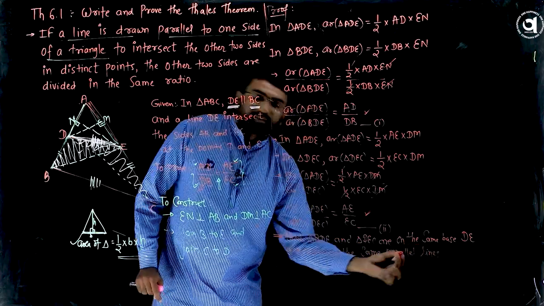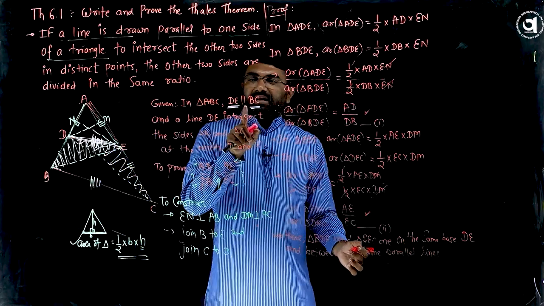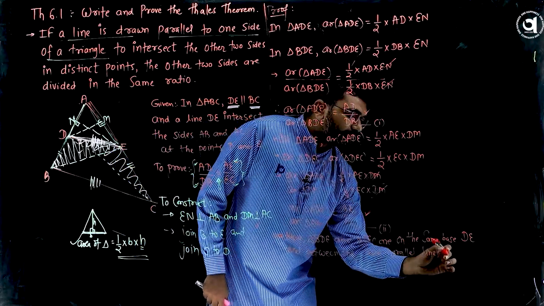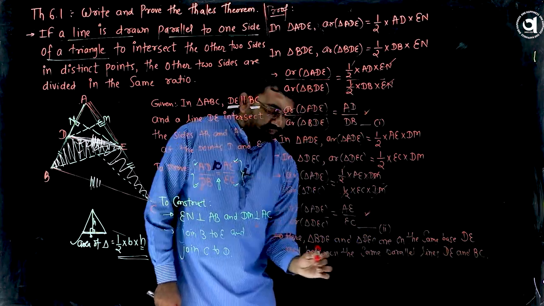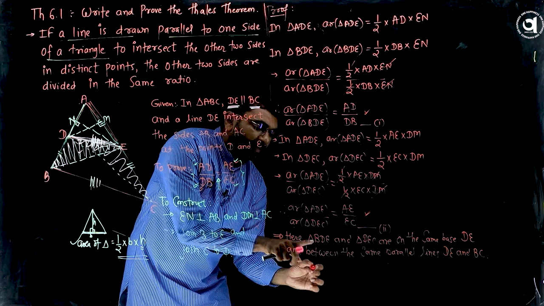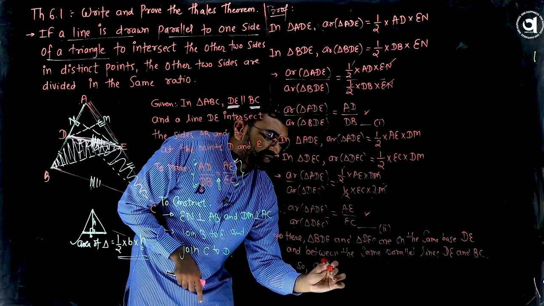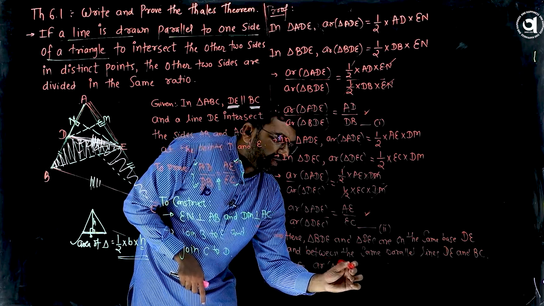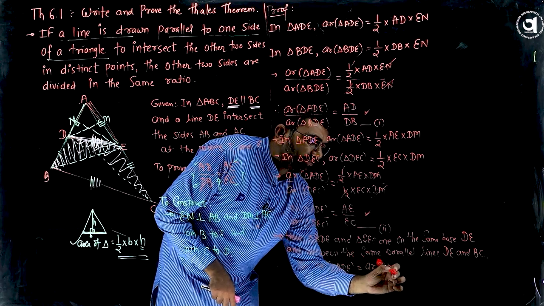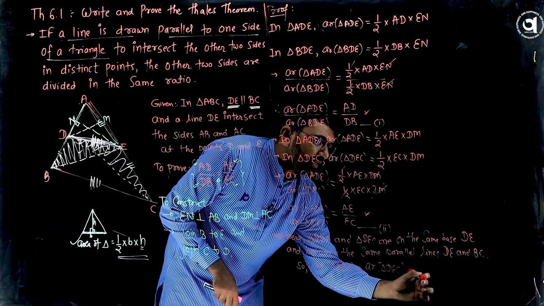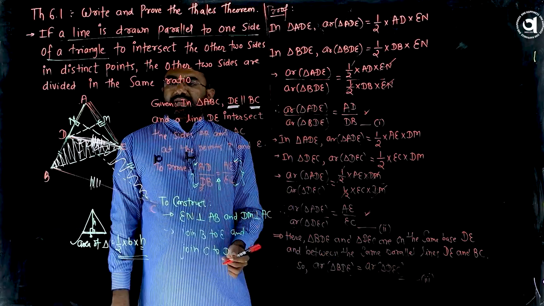Which lines? DE and BC are parallel, as mentioned in the given. So the area of triangle BDE and the area of triangle DEC are both equal, and we give this as number 3.